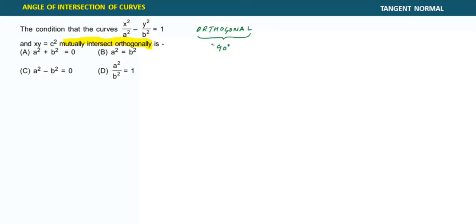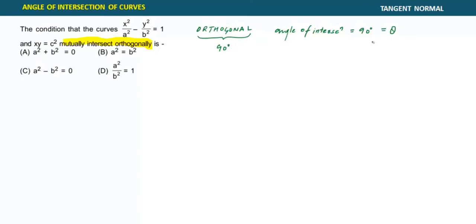So here they intersect orthogonally. That means the angle of intersection of curves is nothing but 90 degrees. This is what is meant by orthogonality. So if you want to apply this, it is straightforward that you need to find theta, and the theta should be 90 degrees.